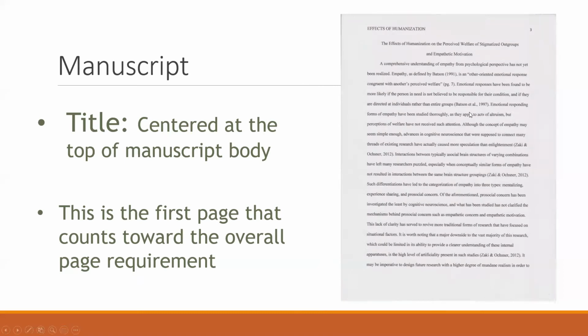And we also see a different citation from Batson. This is 1997 instead of 1991. And he's also accompanied by 6 or more authors, right? So we see Batson et al., Batson and others.